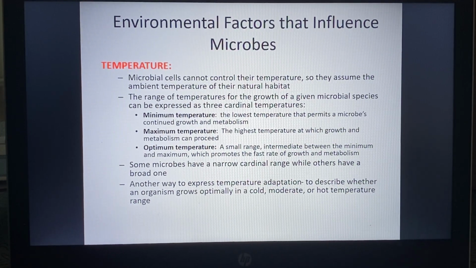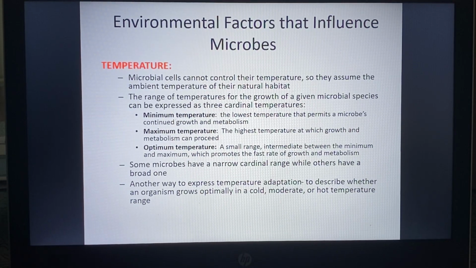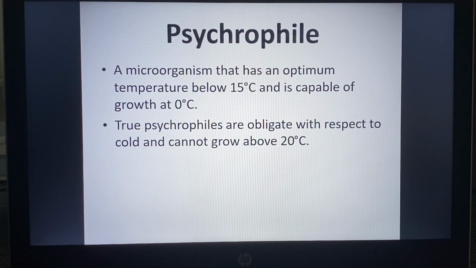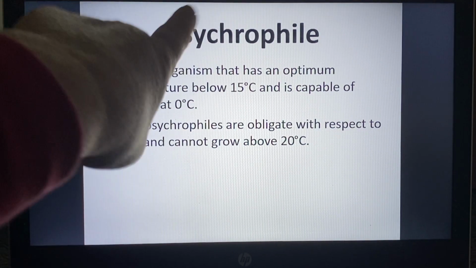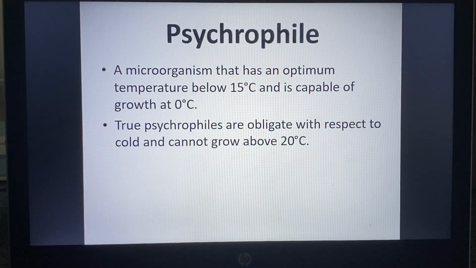So it's basically, do they like it cold, do they like it hot, or do they like it in between? And those are the 3 categories. So the first category is called a psychrophile. Now notice, it's not psycho, it's psychro.